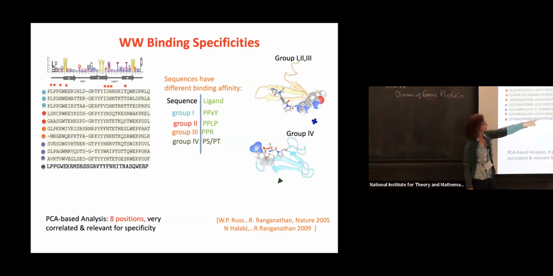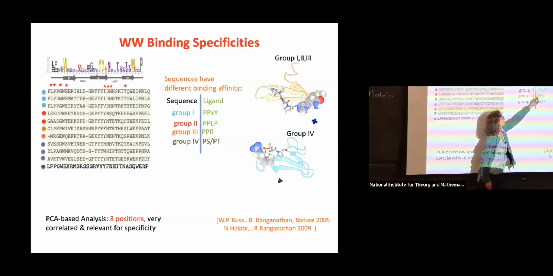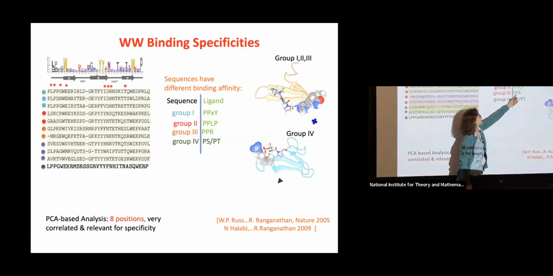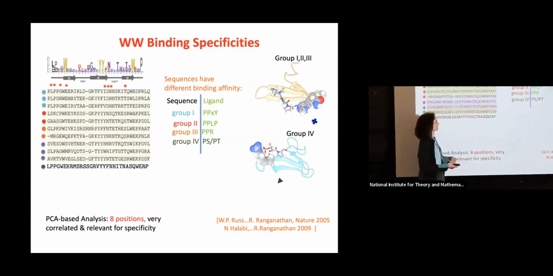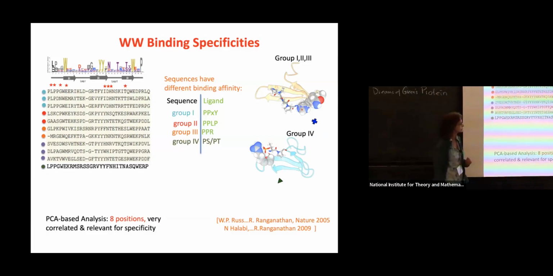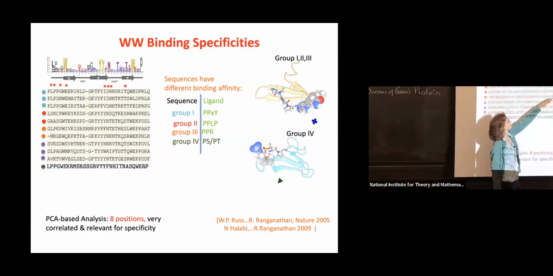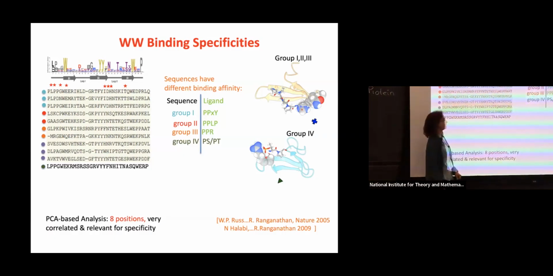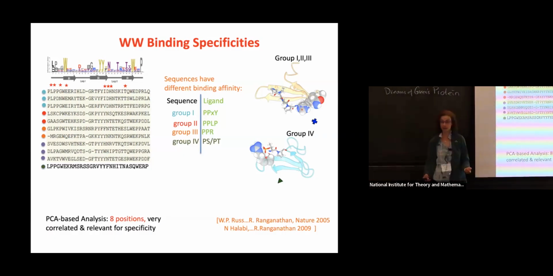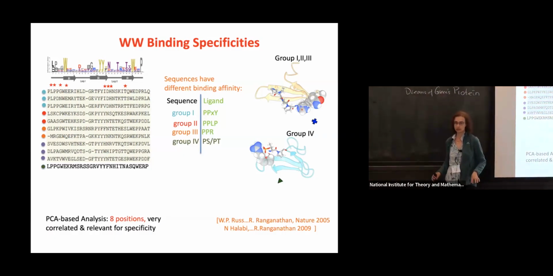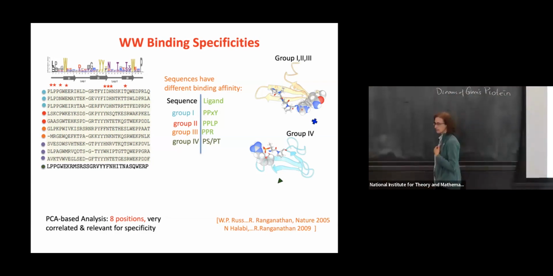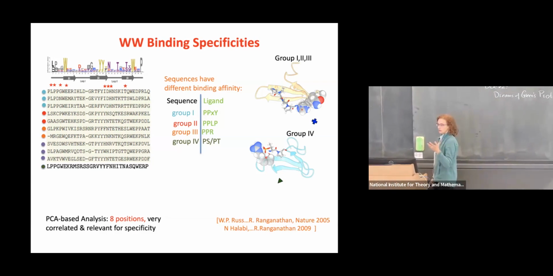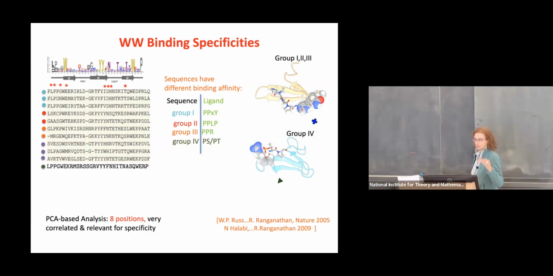So the specificity is just that this family breaks into subfamilies which recognize different ligands. So it's very important in the functionality of this protein that there is this ability to recognize several ligands. For example, in the human genome, there are a lot of these binding modules, which are very important for recognizing these different ligands. And so you can more or less cluster, identify different groups of proteins according to the ligand they bind. So this is more or less the property of the ligand, it has to be rich in proline, but it's not always the same amino acids. And these are 4 groups which have been identified experimentally as binding to these different ligands. And we have some annotated binding specificity, for example, thanks to the work of Rama.